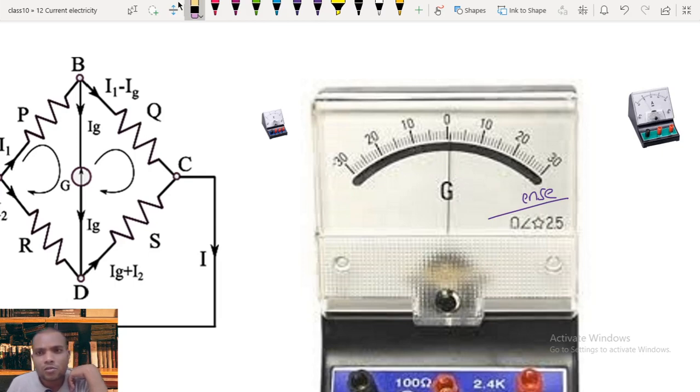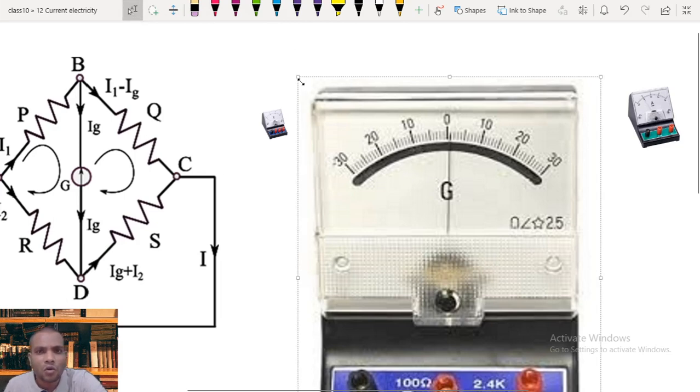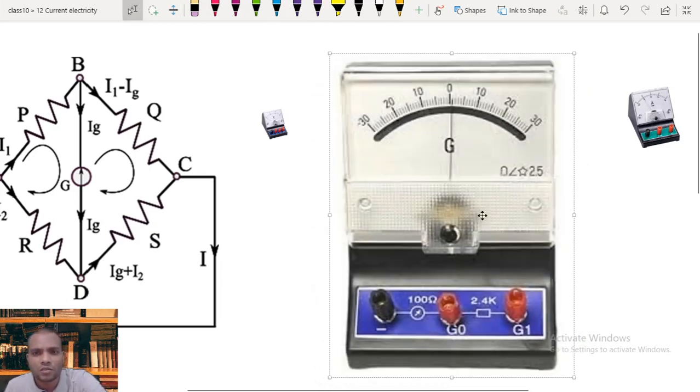This meter is also made up of certain wires. So usually this meter has its own resistance, and that we represent as the galvanometer resistance.